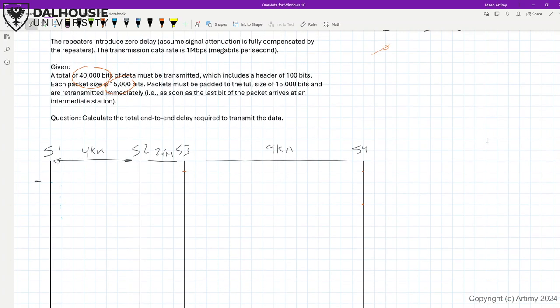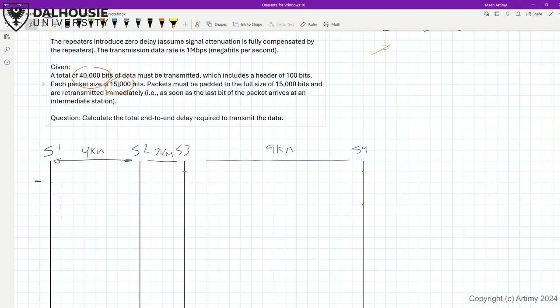The question only says that each packet size is 15,000 bits, and there is no other information. We don't know where the 40,000 bits are coming from. So let's simplify it and say we have 40,000 bits. We want to divide them into 15,000-bit chunks.